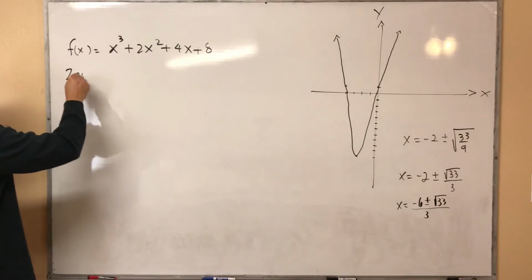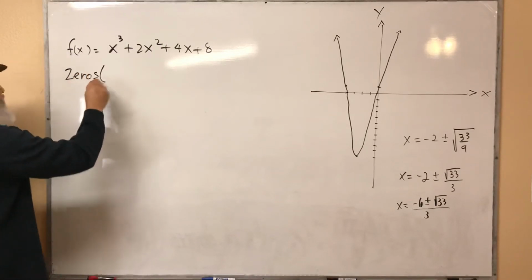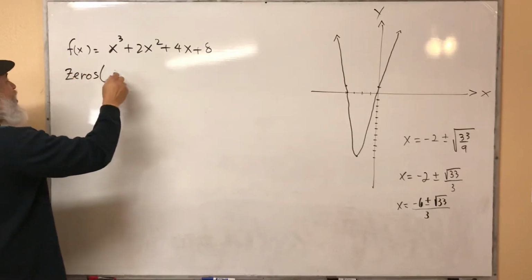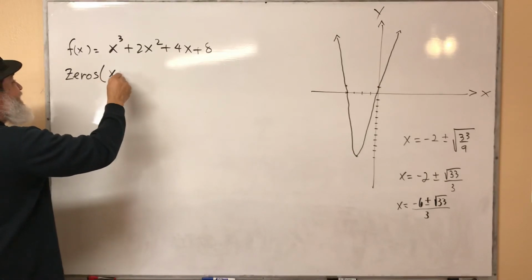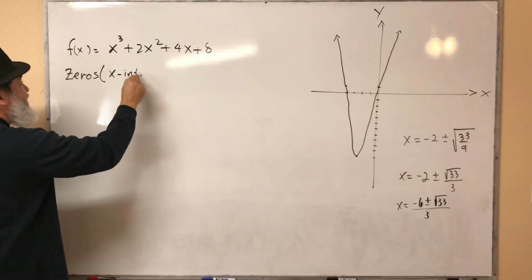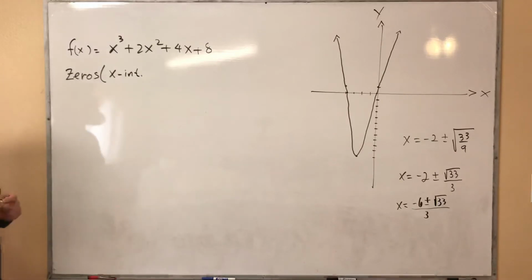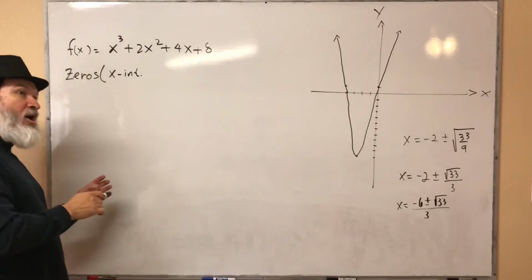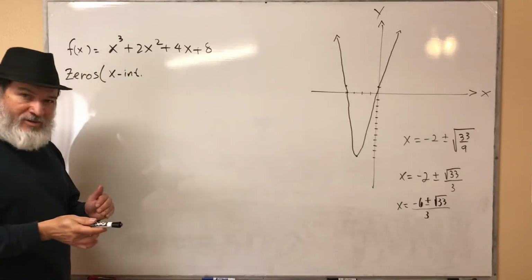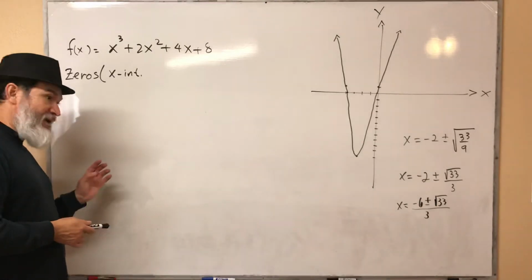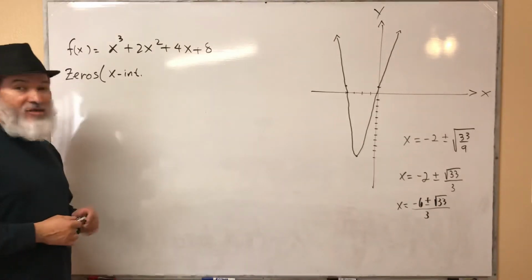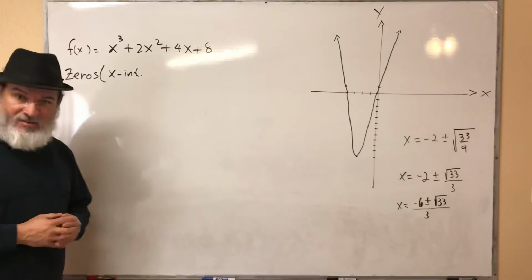Let's find zeros. Can someone tell me what zeros are? They are x-intercepts, as long as they are real. If they're complex, they are not x-intercepts.